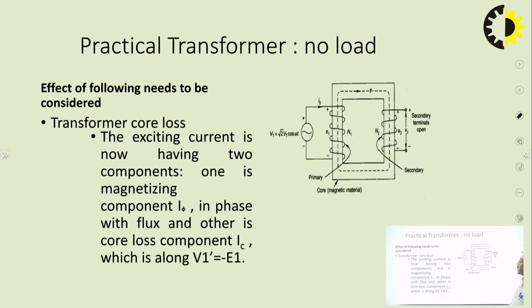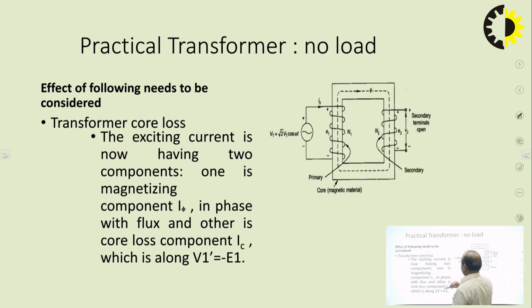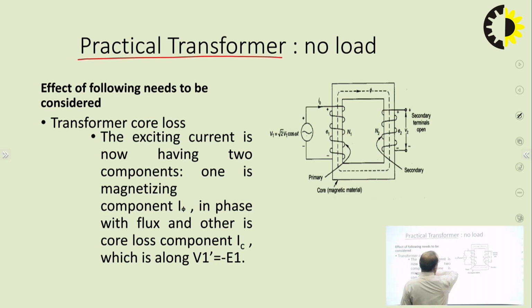first we discuss about practical transformer, or we also call it a transformer. Practical transformer or transformer, that means the same thing. So I can write it practical transformer or non-ideal transformer.